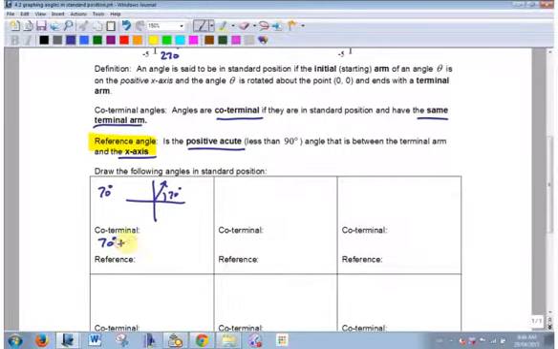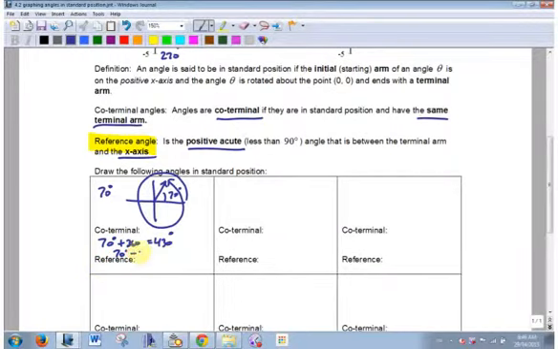70 degrees plus 360. If I go all the way around from there, what's that? Right? If I go 430 degrees, I'll get exactly to that same terminal arm. What else is coterminal?